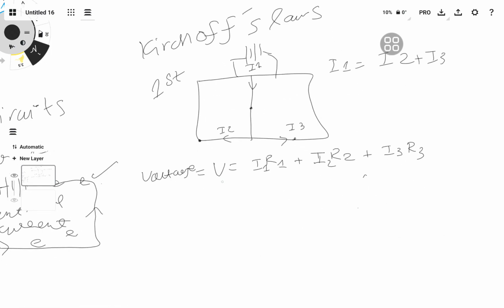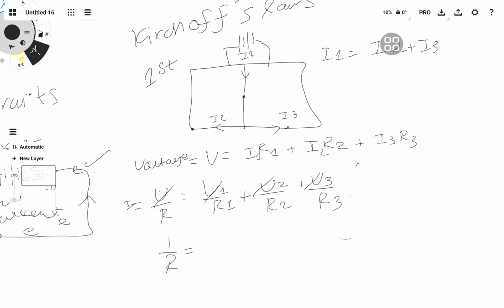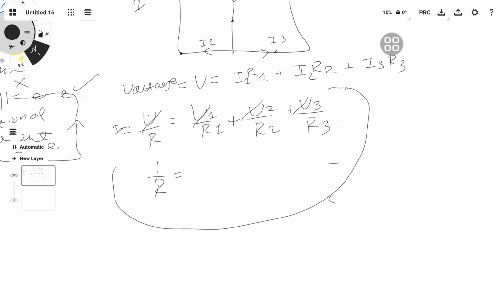So we can basically use this, and if we reverse it, we will basically get I over R. Basically this is for parallel circuits, which I will introduce now.